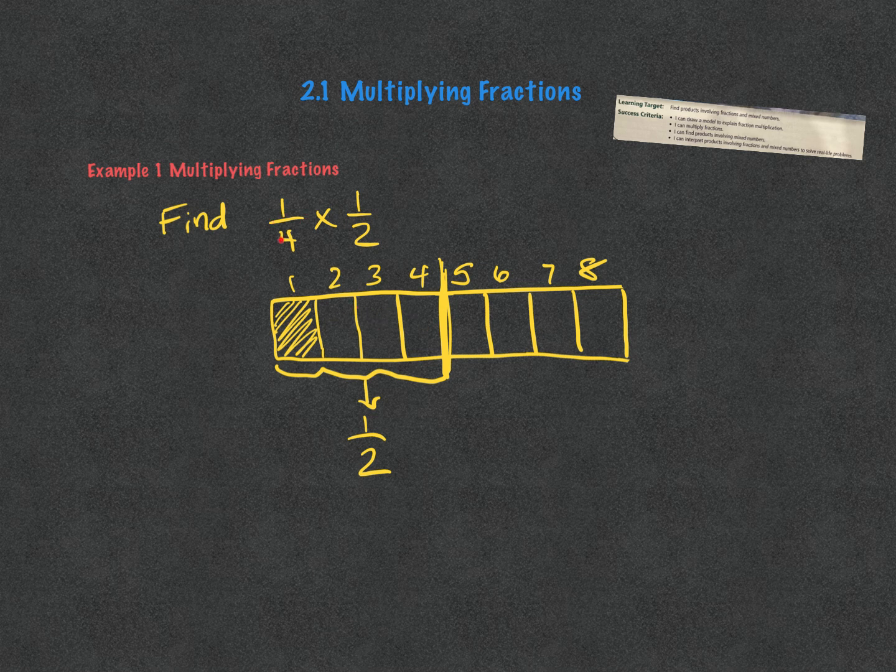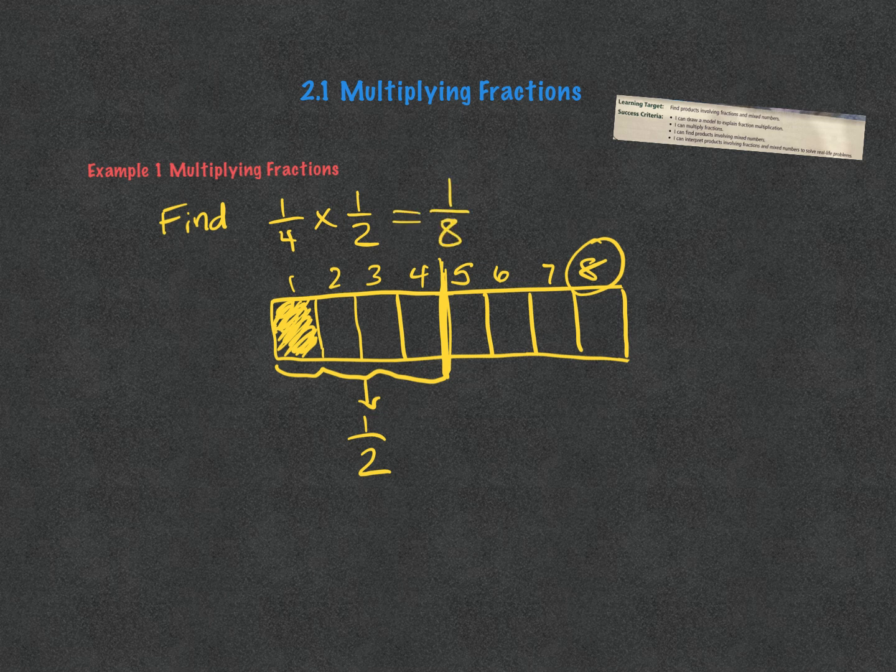So here's my 1/4. This is my half of my area, and I took 1/4 of it. So basically I've got this half, and now I've got to figure out, what does it actually equal? How many of all of the tape did I fill in? Well, I filled in 1 out of 8.